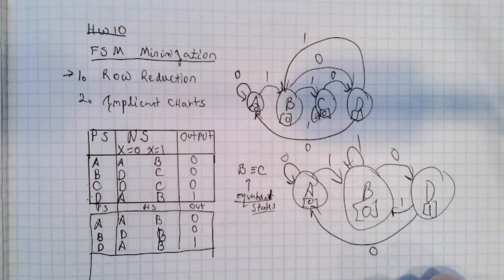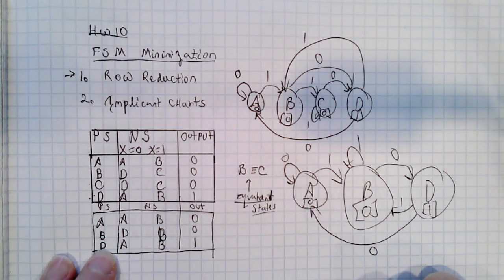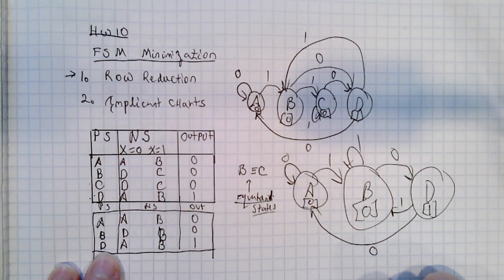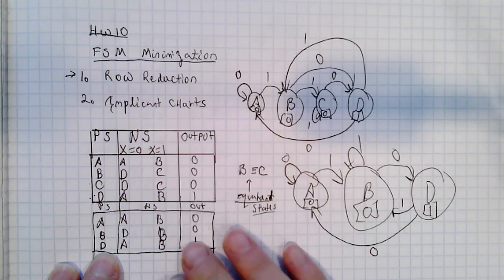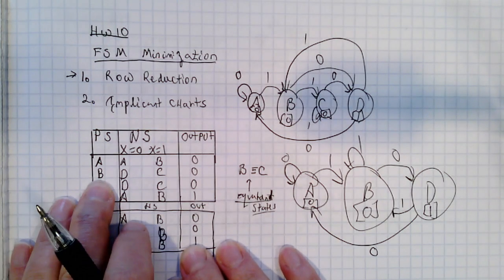No, it doesn't matter. In other words, I hear what you're saying. If instead of being left with A, B, D, you were left with A, C, D, you would get an equivalent machine. However, it is my custom, if you will, to remove the higher states and keep the lower states.